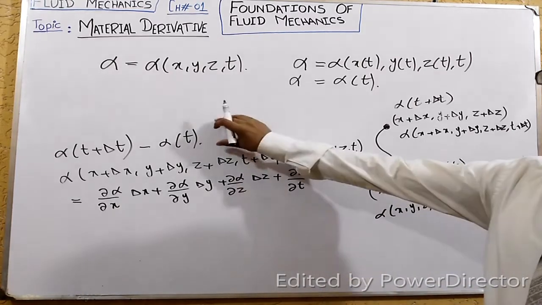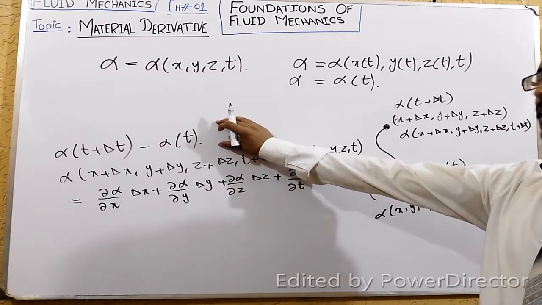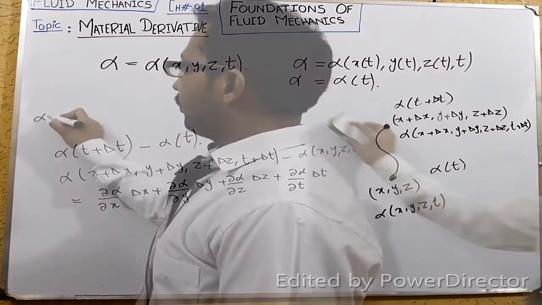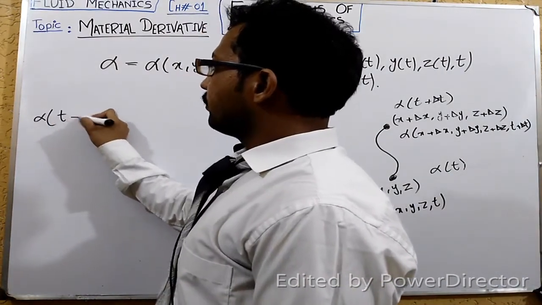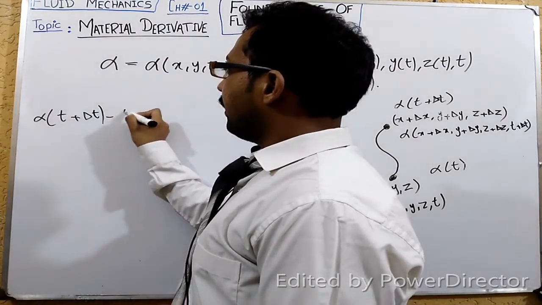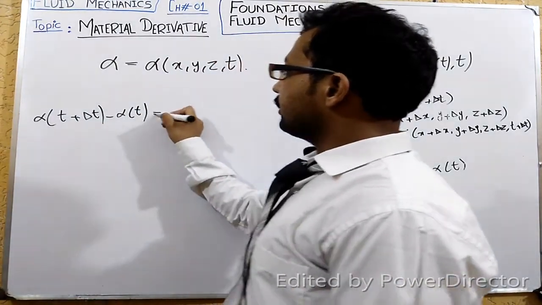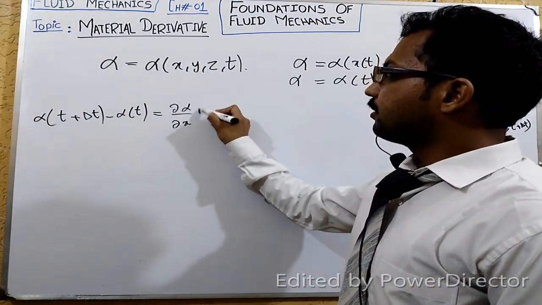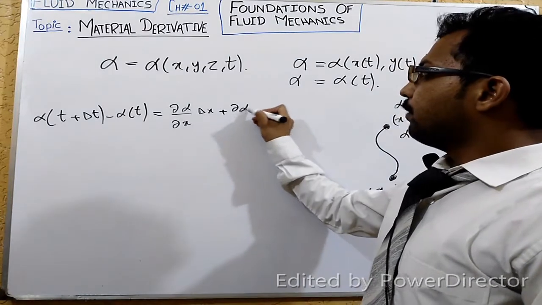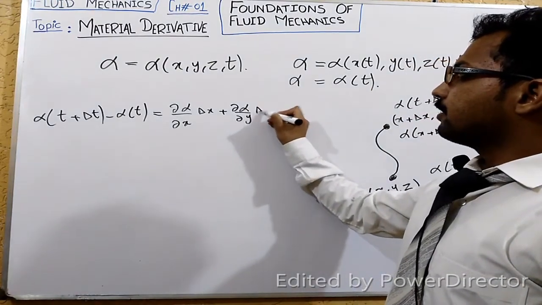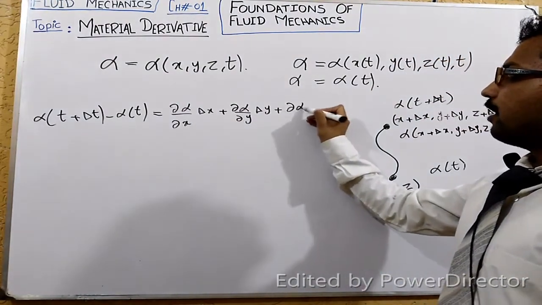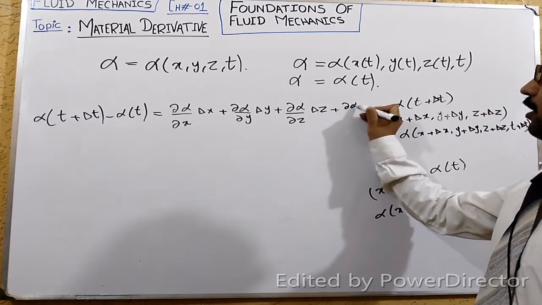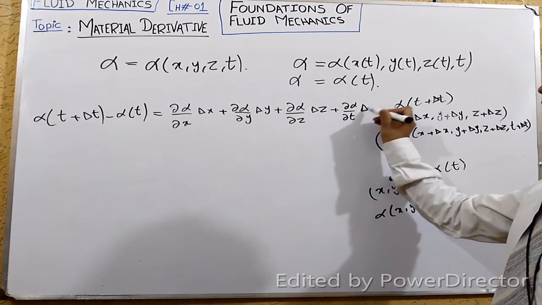Since these two changes are equal, therefore we can equate them. So after equating them, we have alpha of t plus delta t minus alpha of t is equal to partial alpha by partial x delta x plus partial alpha by partial y delta y plus partial alpha by partial z delta z plus partial alpha by partial t delta t.